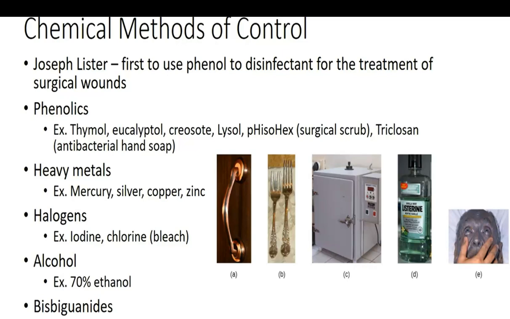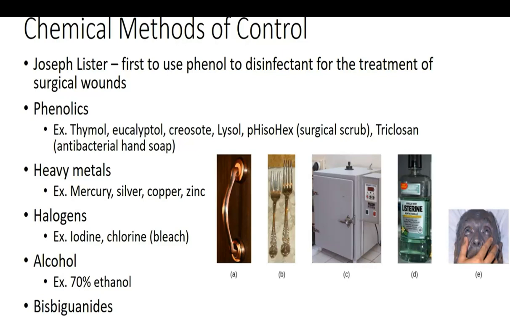We can use heavy metals too, such as mercury, silver, copper, and zinc. Although some of these metals are expensive, they can be used for making equipment in the hospital, because these metals have antibacterial or antimicrobial characteristics that we can use in the healthcare environment.